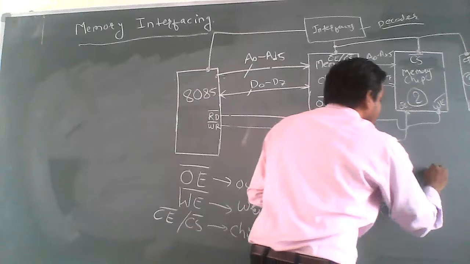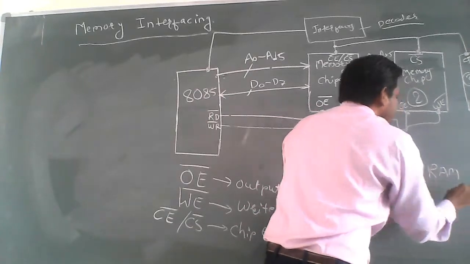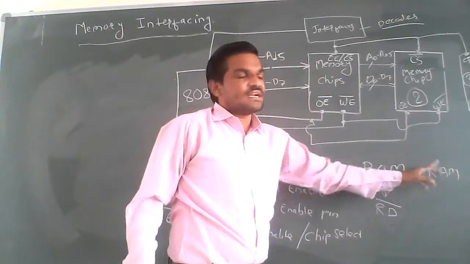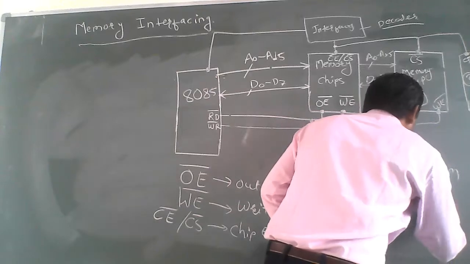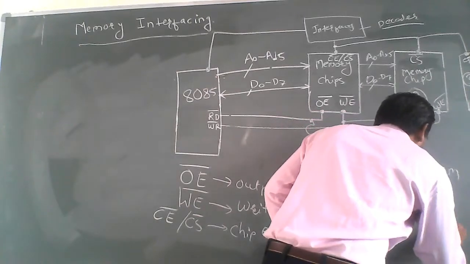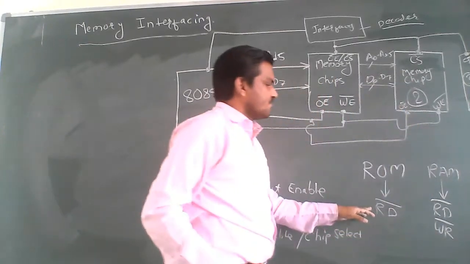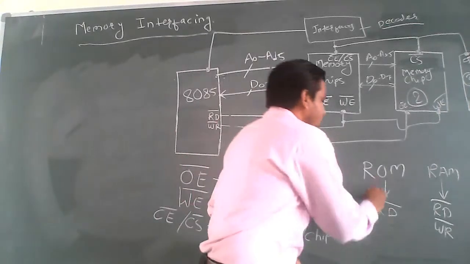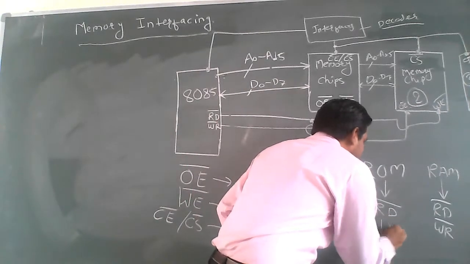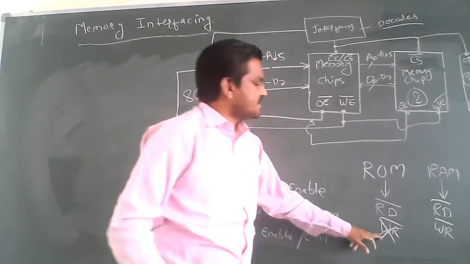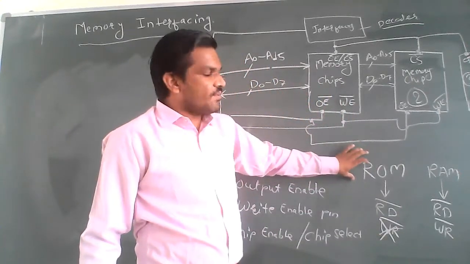When I have RAM, that is random access memory, it requires reading as well as writing operation, so I must connect RD bar and WR bar both. For read only memory, we must not connect WR bar, because WR bar is not required for read only memory.